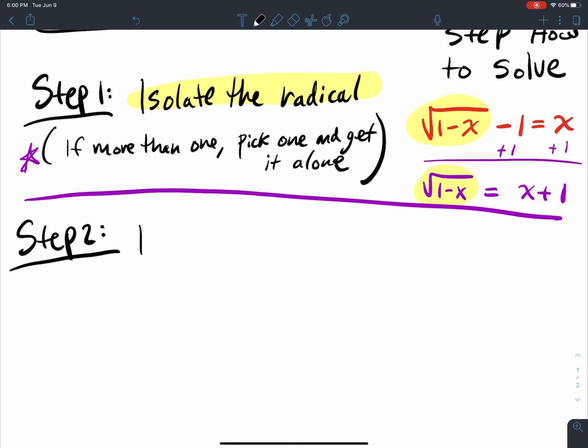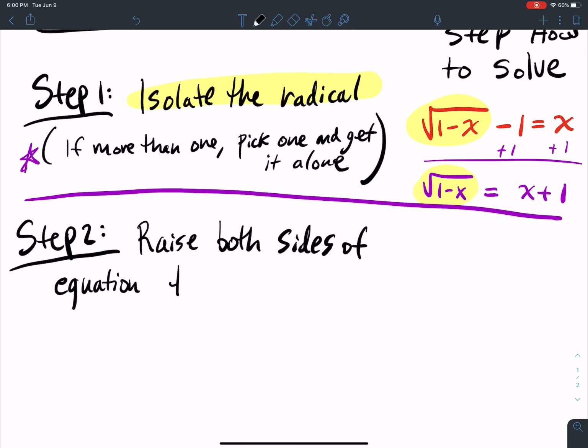Okay, step two, raise both sides of the equation to a power that undoes, I say undo because I'm goofy, that undoes the radical.